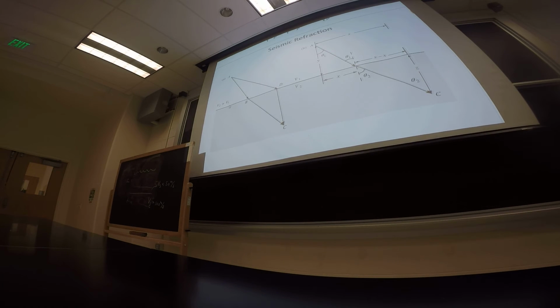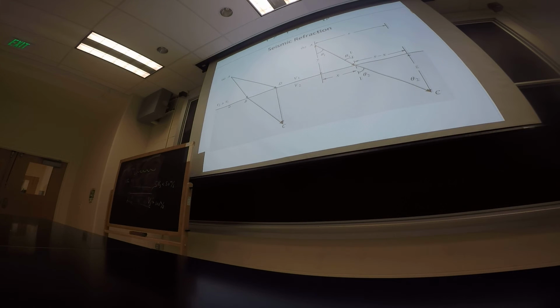Okay, so let's get back now to what we were talking about the last time, which is understanding wave events and the travel times associated with them. That's all I'm going to talk about in terms of velocity. The relationship between velocity and material properties is very complex.